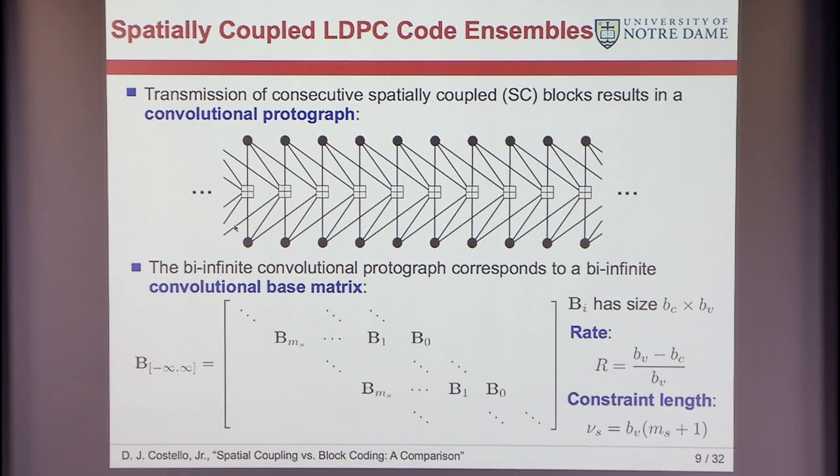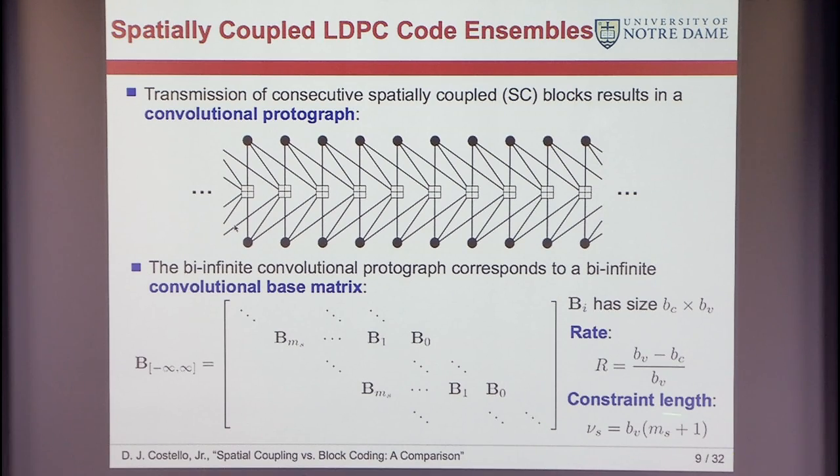And that has a so-called bi-infinite, in this case, since we're not talking about any kind of termination yet, convolutional base matrix, which has the familiar diagonal form of the parity check matrix of a convolutional code. And it has a rate associated with it. These parameters go back to the parameters of the base matrix that we started with, that we coupled.